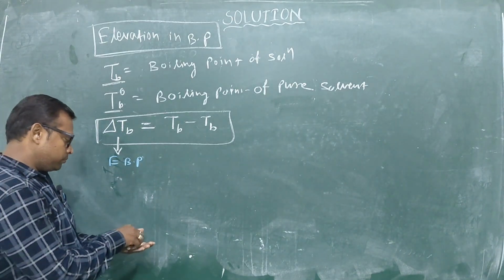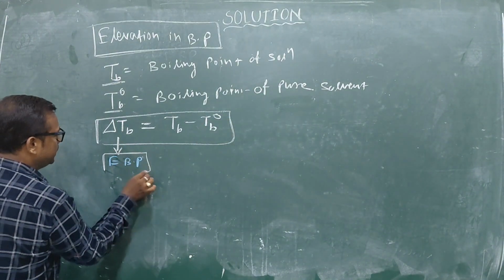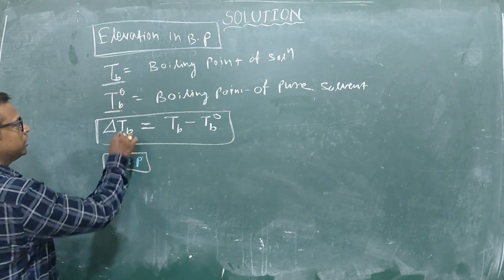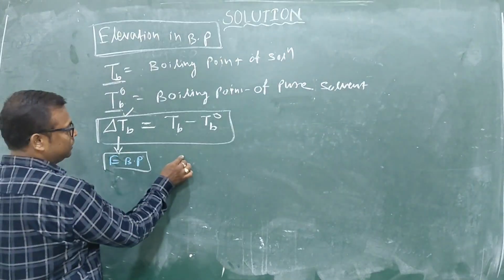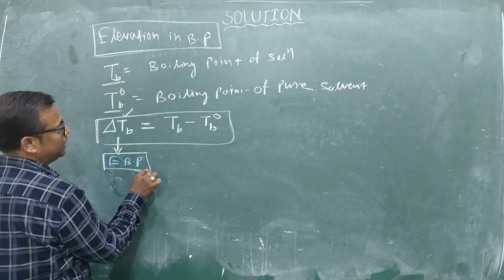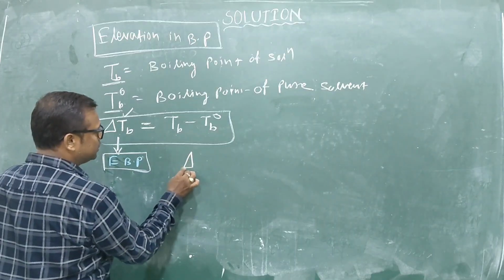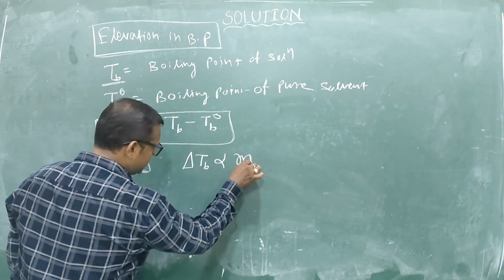So EBP is elevation in boiling point. Delta TB is TB minus T naught B. Why is it a colligative property? Because delta TB is directly proportional to concentration.